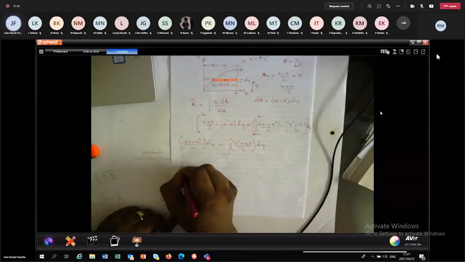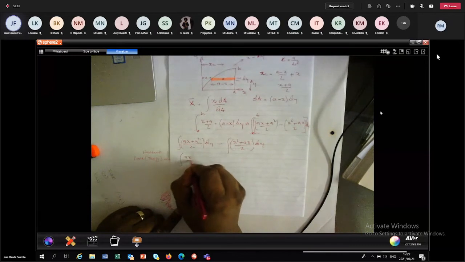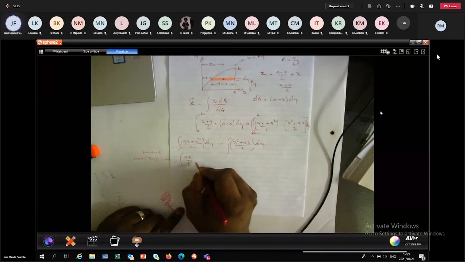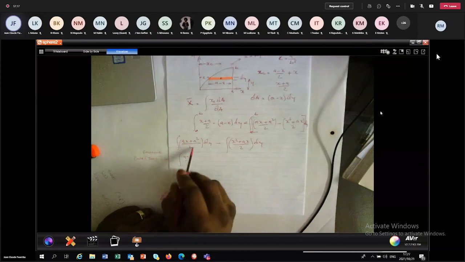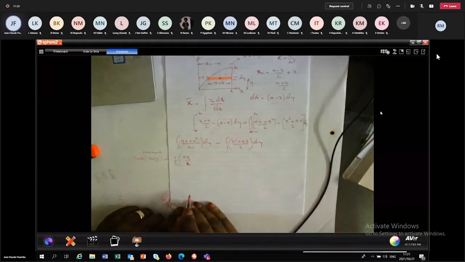So it will be the integration of ax, let's say over 2. Let me remove my constant and put it in front.